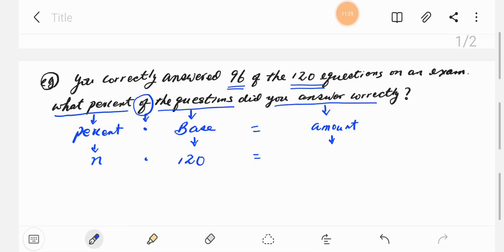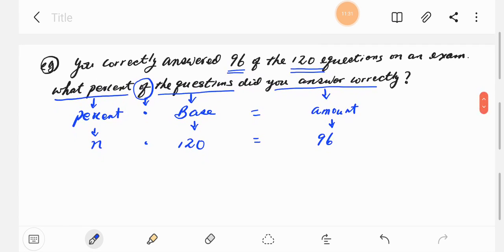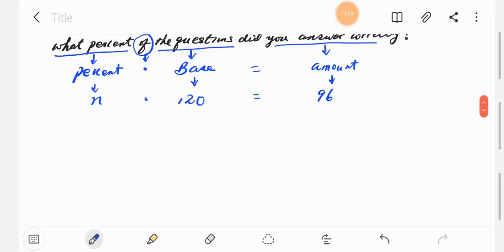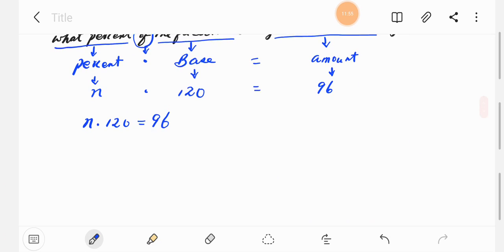This amount is 96 questions you answered correctly. So this is the equation. From this equation, what you need to do is find the value n. N represents the percent, so you have to write the answer in percent. There are three variables: percent, base, amount. In this example, the base and the amount values are given so that you can find the value of the percent.